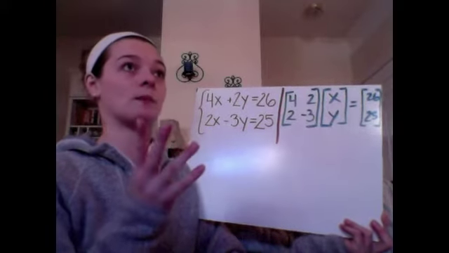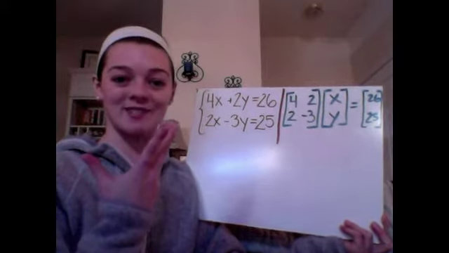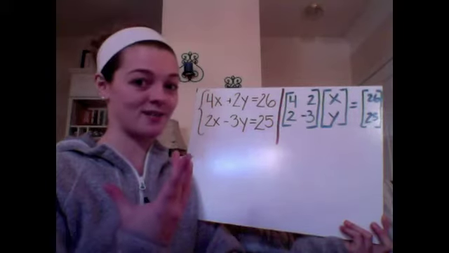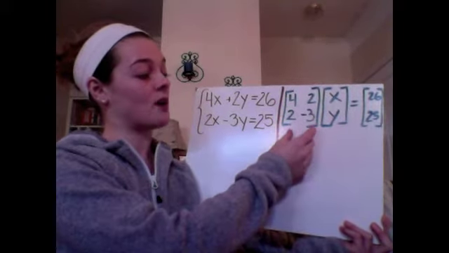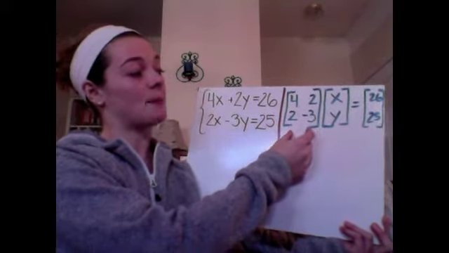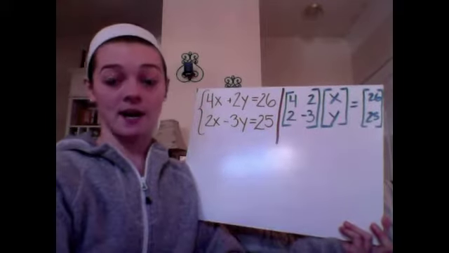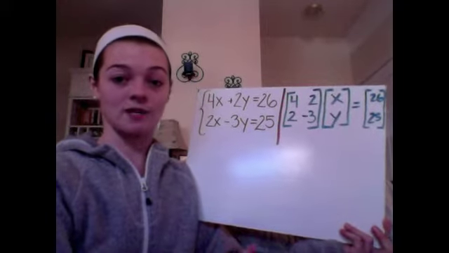So just like in normal solving a system, you do the inverse operation. So to get rid of this coefficient matrix here, I'm going to multiply both sides by the inverse of that coefficient. So it's going to take me a little bit here just to write all that down, but this is why using your calculator to do matrices is actually probably a lot more effective.